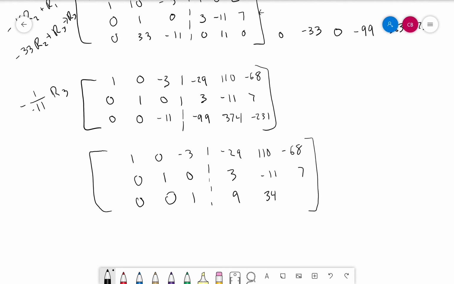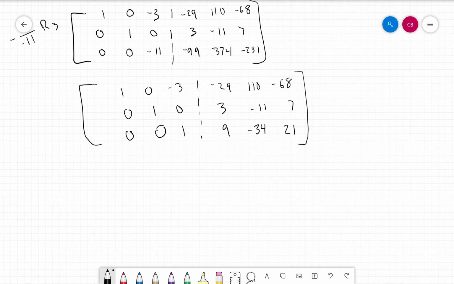Alright, yeah, negative and negative, that's going to be positive 21. Okay, so that should be good. So we've got that. Oh, by the way, this is negative 34, I forgot. It's negative divided by positive. So we've got negative, so that's good. Alright, so these two rows are good.